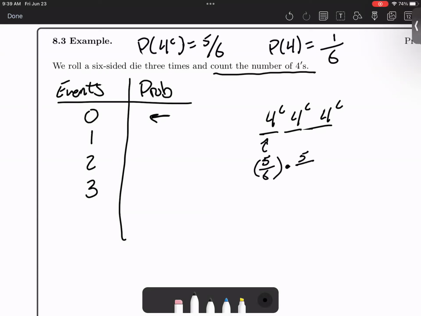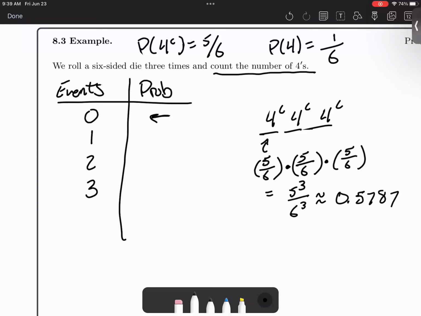And you need a not 4 on the second roll, and you need a not 4 on the third roll. When you go through this, you get 5 cubed over 6 cubed. That's going to give you 0.5787, or 57.87%.